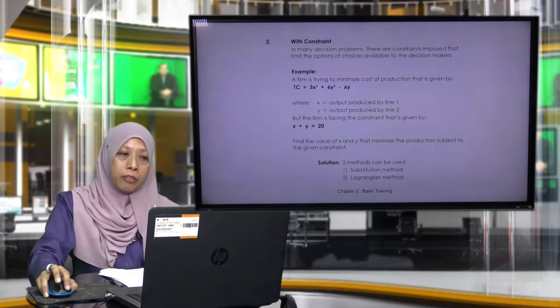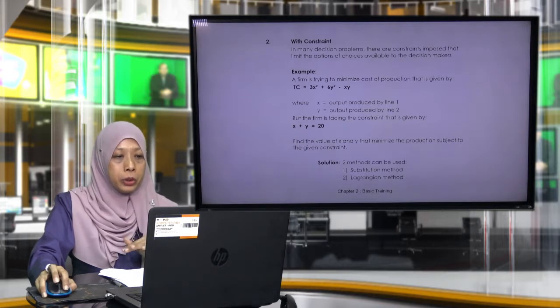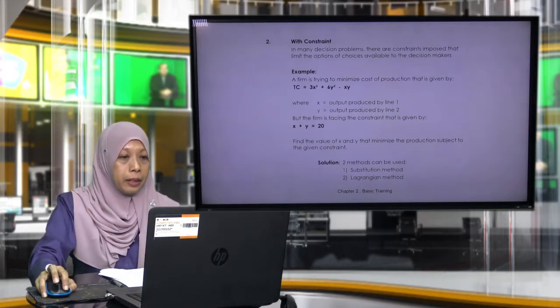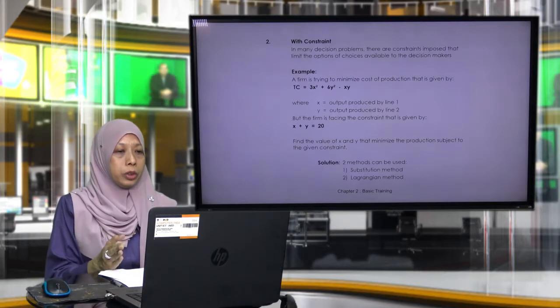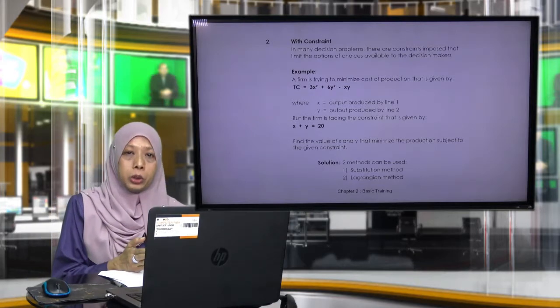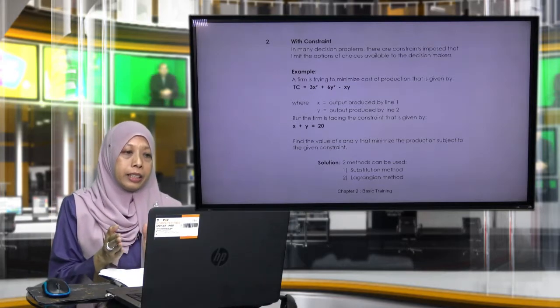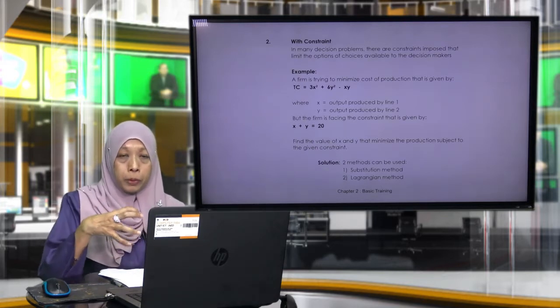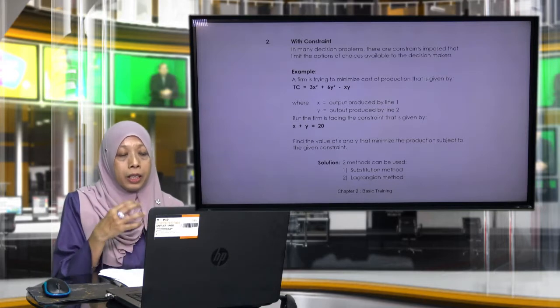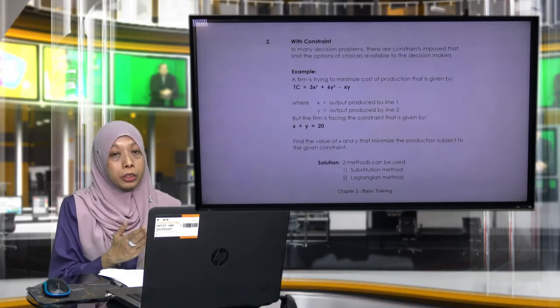So the sum of products x and y that they can produce is equal to 20. How are you going to minimize the total cost function given the limitation in the form of your production capacity?